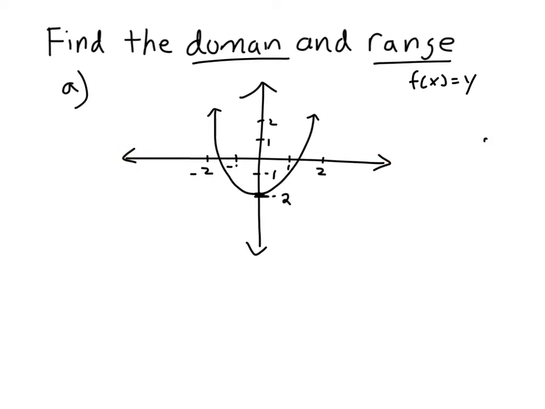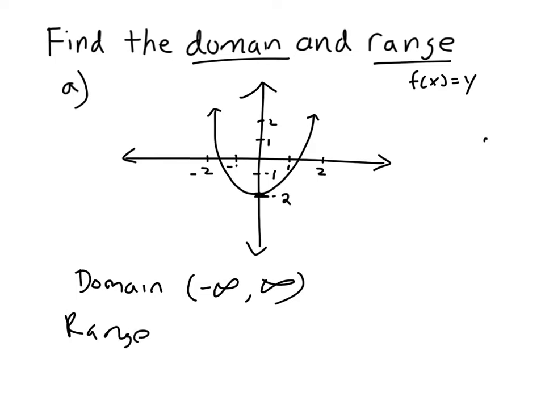Okay, so when we're looking at what values this graph takes, you see these arrows indicate that this graph keeps on going, so it's eventually going to reach all real numbers. And same thing over here. It's going to eventually keep on going, and it's going to reach all real numbers in both directions. So the domain for this graph is negative infinity to infinity.